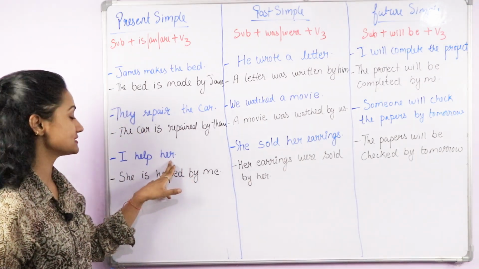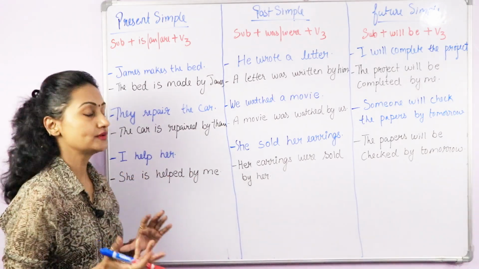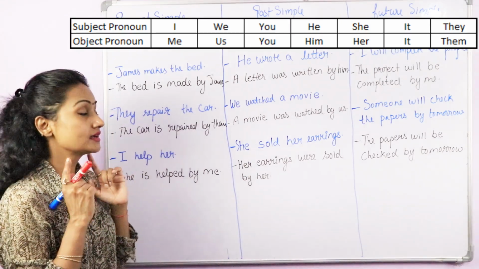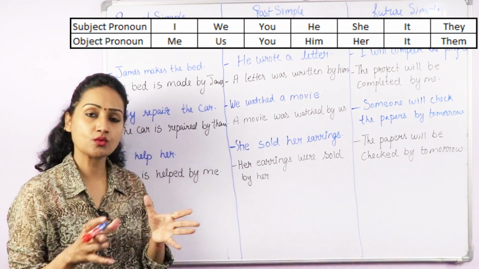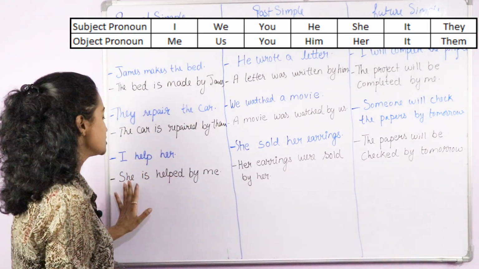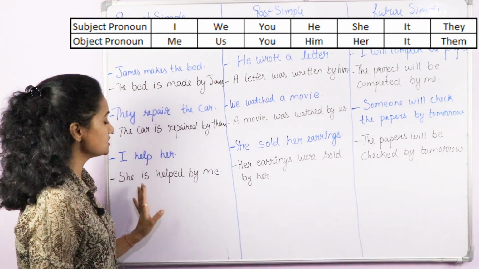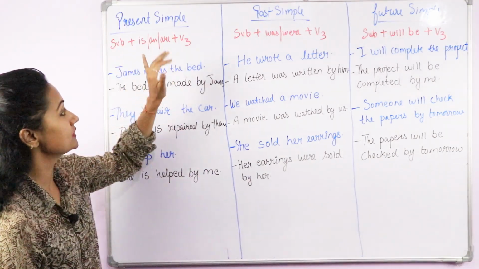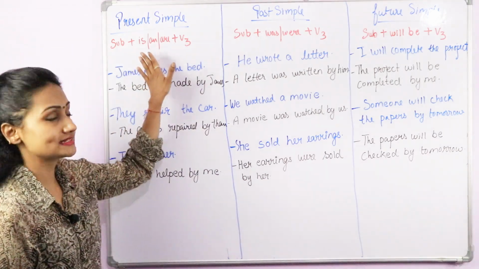So here I am not saying her is helped by me, because her will be replaced by she and she will be replaced by her. Just keep that table in your mind and you will get to know what will be replaced by what. So I help her. She is helped by, I is replaced by me. She is helped by me. So this is the rule which you need to follow to make a passive sentence in present simple.